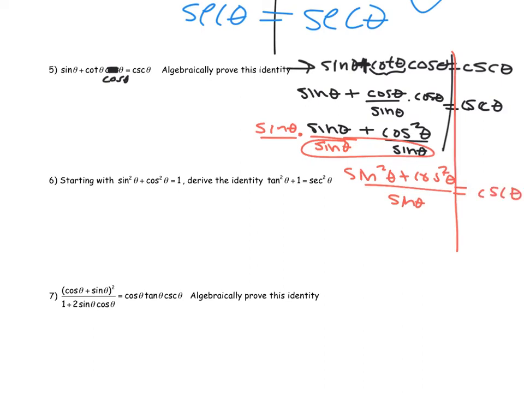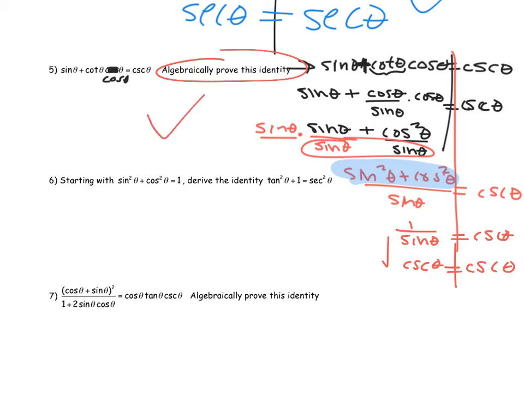Remember what we said earlier, using our Pythagorean identity, sine squared theta plus cos squared theta is just 1. So now I have 1 over the sine of theta, which, using our reciprocal trig functions, is the same thing as cosecant of theta. So that works. There's our proof. We just algebraically proved that identity.